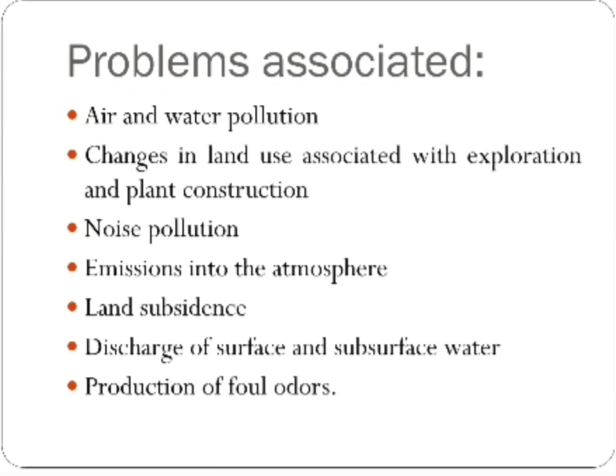And next we can also tell that due to exploration of land and plant construction, there are changes in the land, and due to the working of the plant, noise pollution and emissions are released into the atmosphere, or discharge of surface and subsurface water takes place. That again in turn leads to water pollution, and it also produces foul odors.